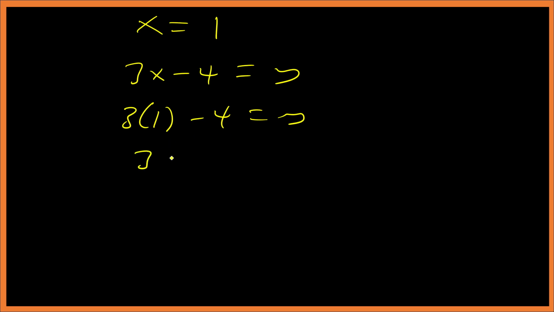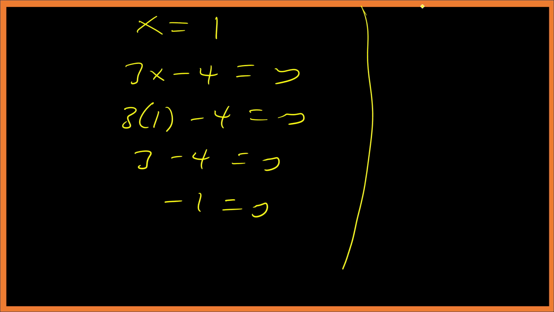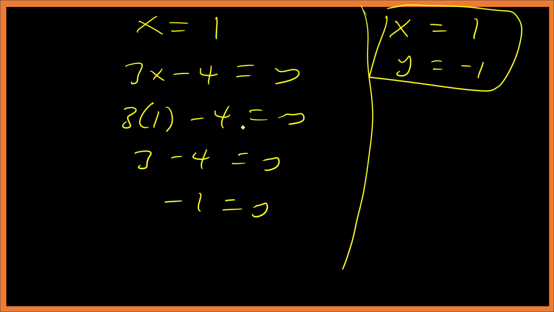So 3 minus 4 equal to y. We have minus 1 equal to y. So when x equals 1, y is minus 1. As simple as that. So that's that.